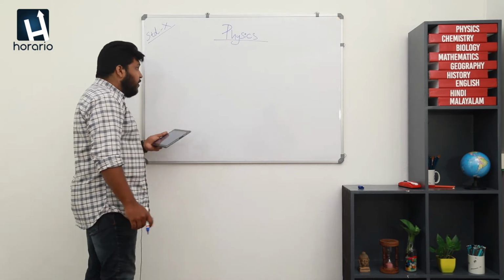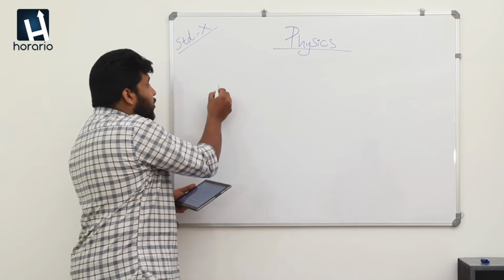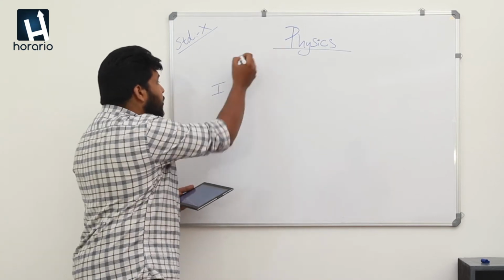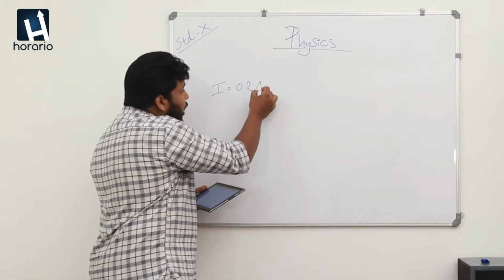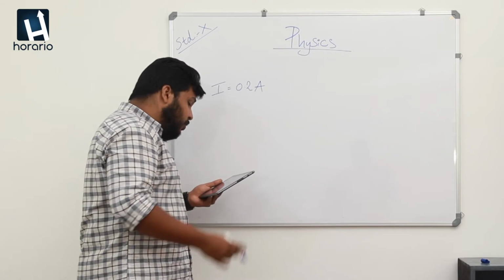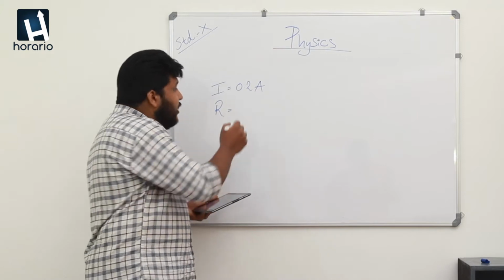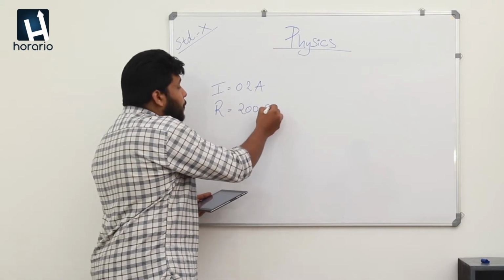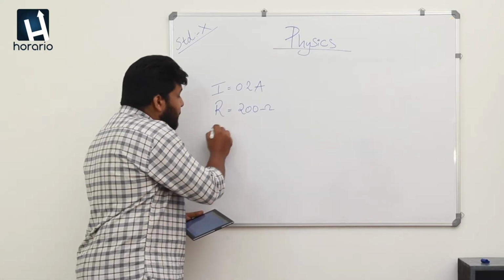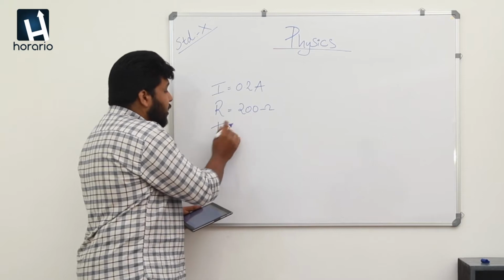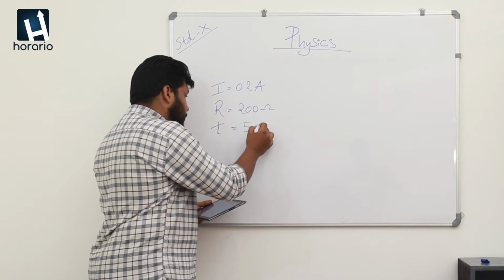From the question, first of all, we want to write the given data. The current flowing through the circuit is 0.2 ampere, the resistance in that circuit is R equal to 200 ohm, and the equipment is working for a time T equal to 5 minutes.